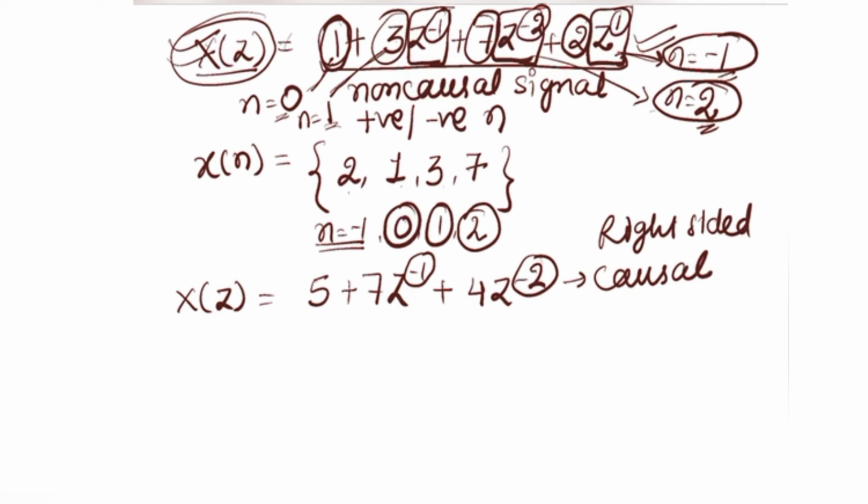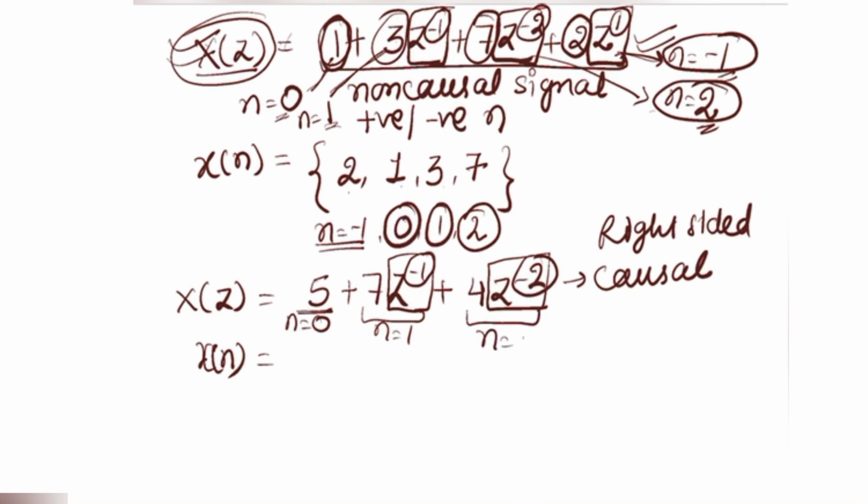If we are supposed to find the time domain signal x[n], how do we find it? This constant term is for n = 0. z⁻¹ will give the signal at n = 1. z⁻² will give the signal at n = 2.